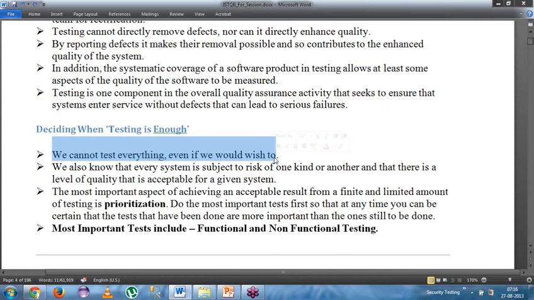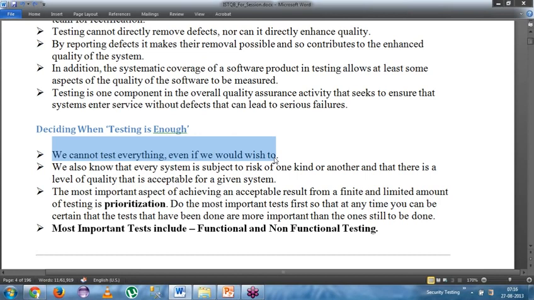But what we do is minimize the risk factor by keying in just alphabets and numericals. Along with that, we also test a few special characters and try the combinations. What that means is that we cannot test everything. That's the thumb rule. We cannot test everything even if we wish to.